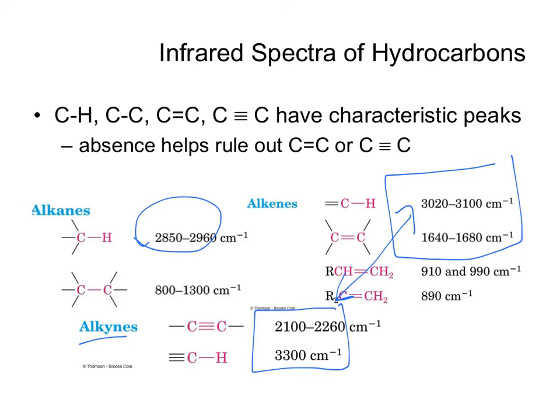So whether you have a triple bond present, a double bond present, or only a single bond. That can be highlighted by the absence of the 1640 and the 2100 in your IR.